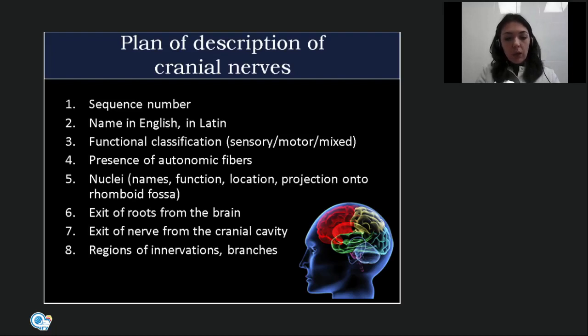It can be a motor nerve with autonomic fibers. It can be, for example, a mixed nerve with autonomic fibers. If, for example, a nerve is motor and it contains autonomic fibers, this nerve is not mixed. A nerve is mixed only if it contains both sensory and motor fibers.